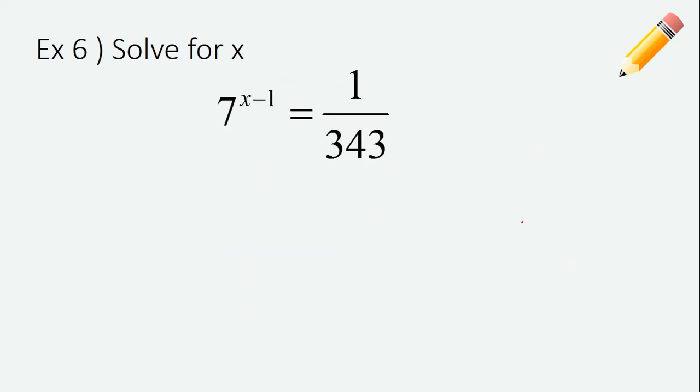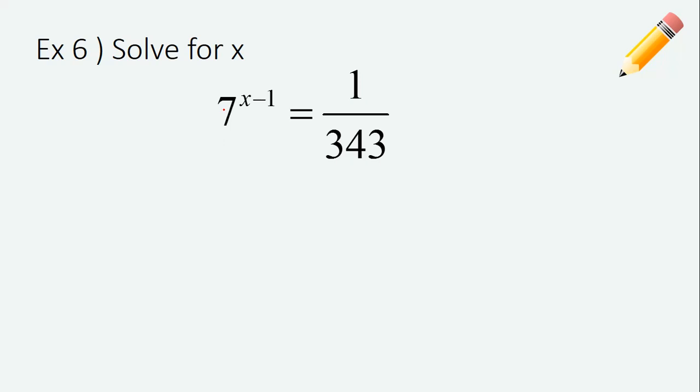So then I have 7 to the x minus 1 power equals 1 over 343. So just like I mentioned earlier, guys, if you have a fraction, because it looks like 7 is going to be our common base, because nothing times itself gets you 7 except 7 to the 1st.